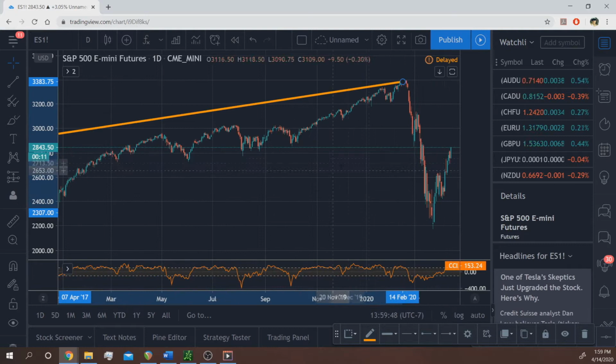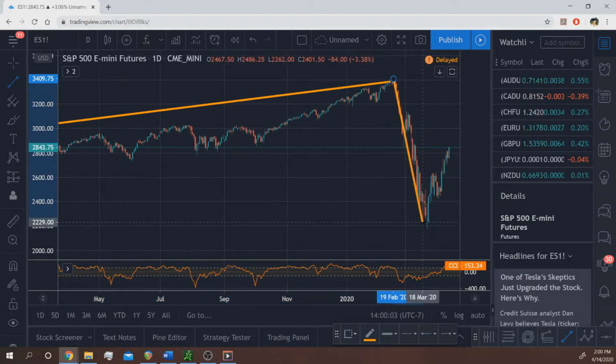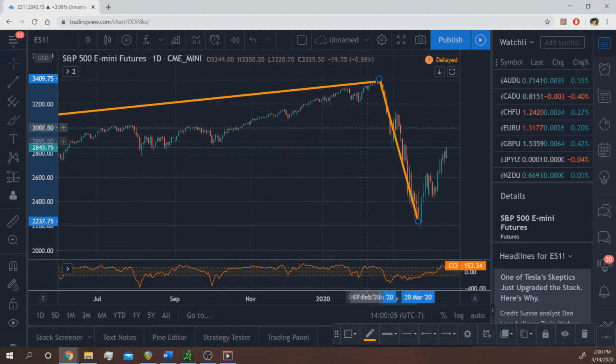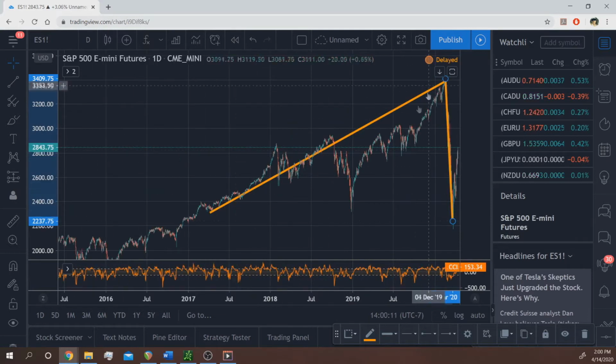Continuing on, we just had this recent huge move due to the coronavirus and the oil price manipulation of Saudi Arabia and Russia, a massive downward movement. We can consider this maybe a potential break in the trend. Only time can tell, but these are the movements that we see in the trend.